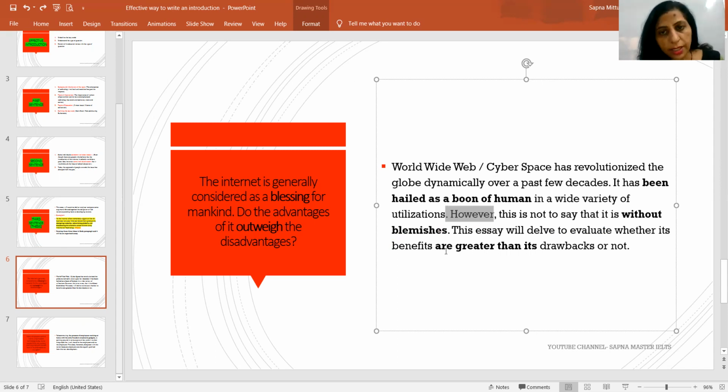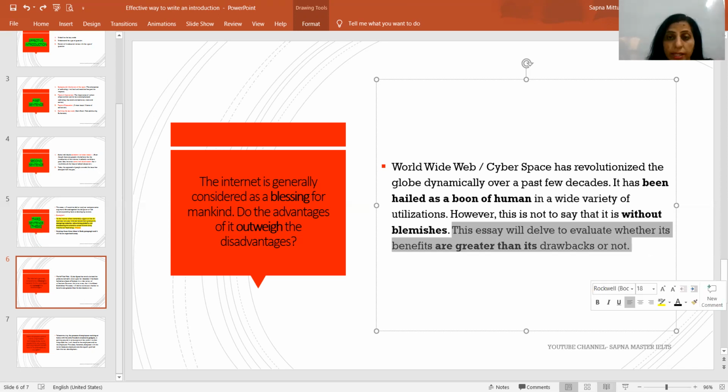Now comes the thesis statement. This was about the second statement where I discussed some people say; in the same case I have written "this is not to say that it is without blemishes." The third thing is the thesis, what I'm going to talk about in the whole essay, and that is "this essay will delve to evaluate whether its benefits are greater than its drawbacks or not."